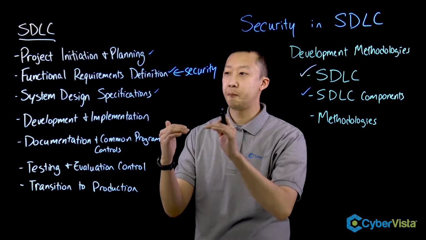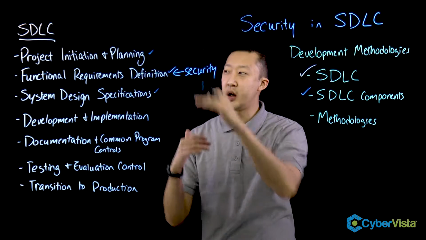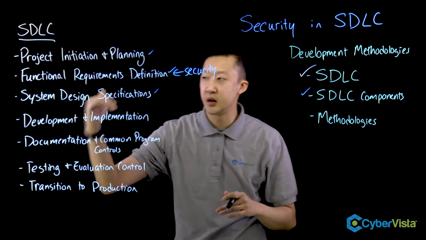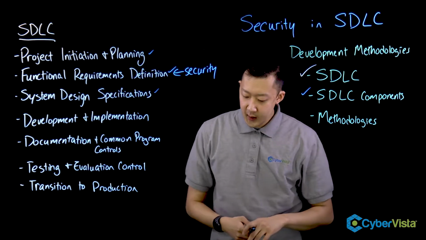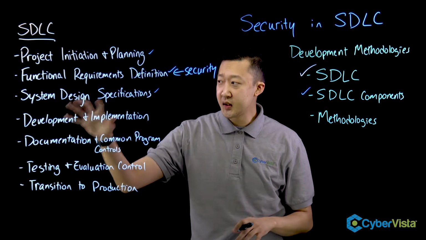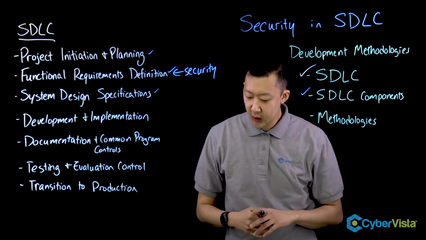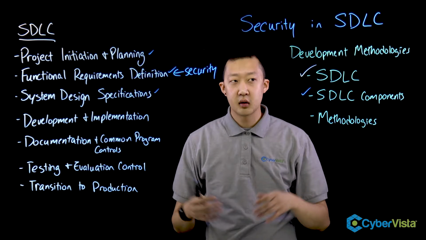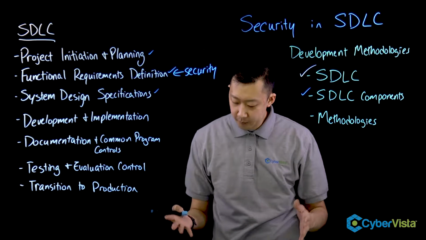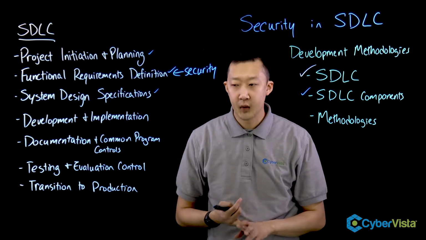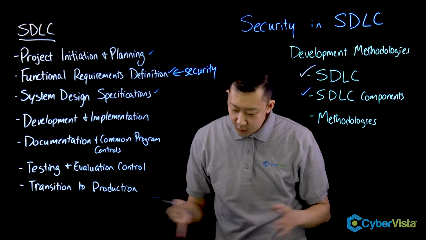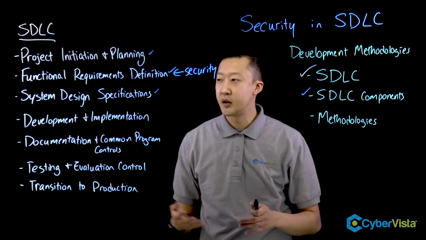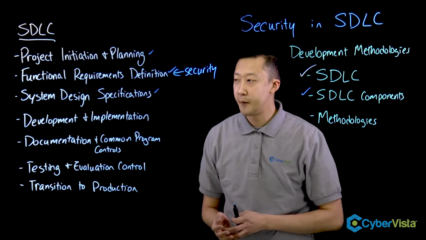System design specifications. And this is where you'll notice a little bit of a differentiation between the functional requirements and the system design. And so in this step, the system design specifications, you actually look at the system or the software. And then this is where you match the designs to your organizational needs, right?